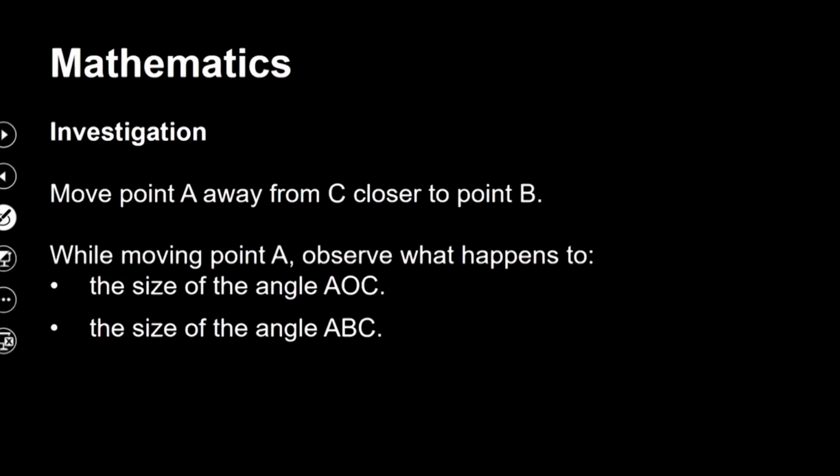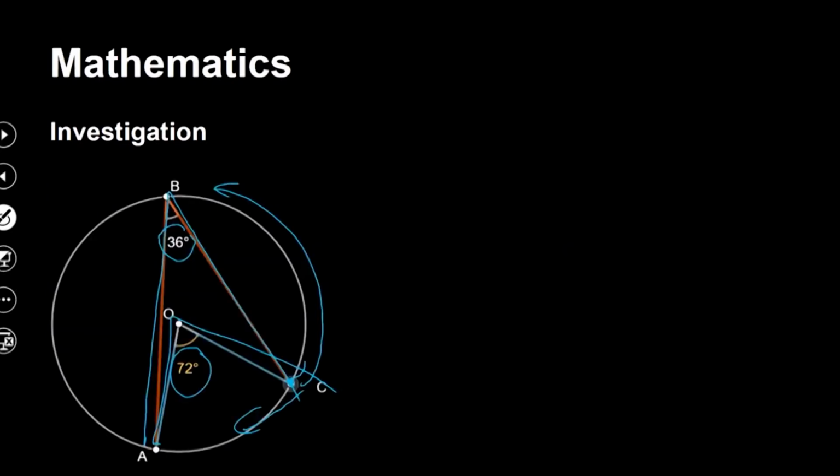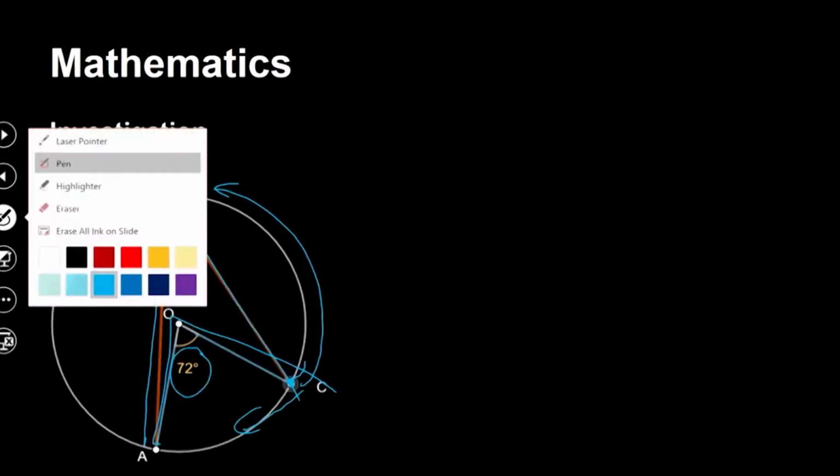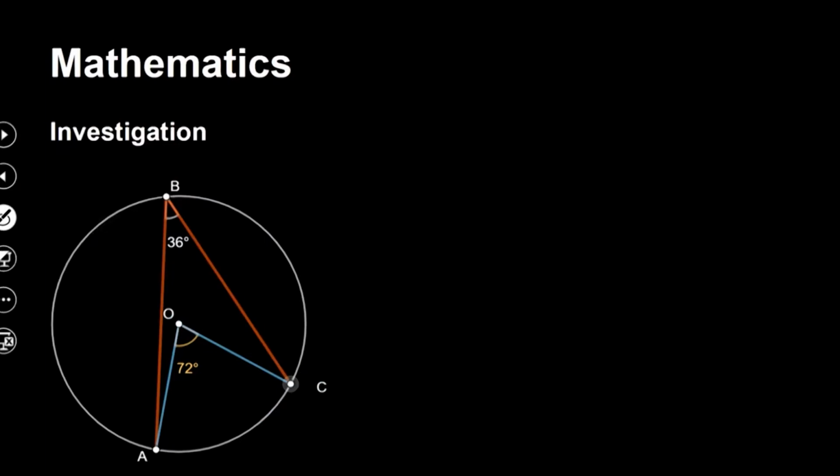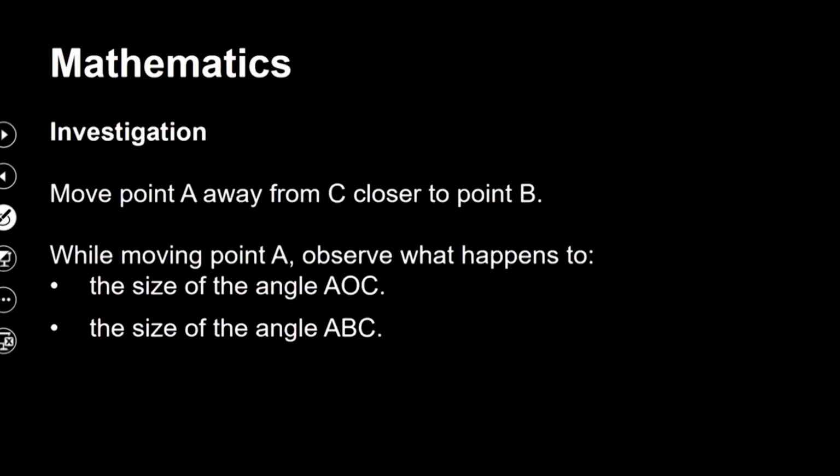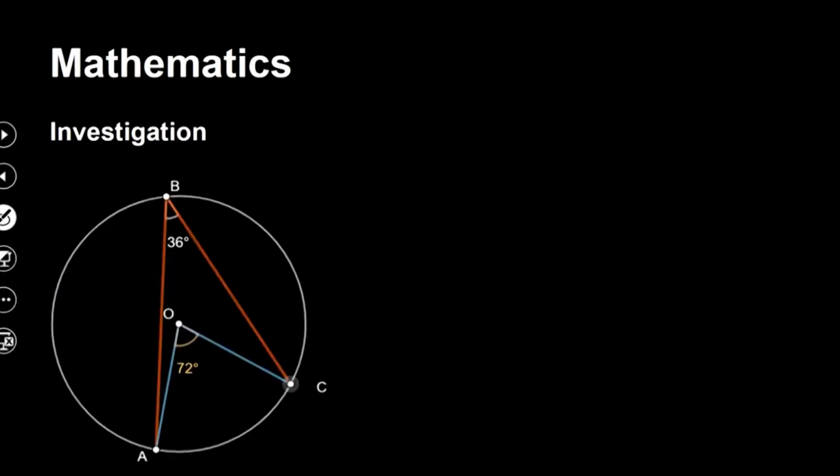Also move point A away from C closer to B. While moving it, observe the very same things that we are talking about. So let me just erase on this thing so I can show you. So here they're saying move A away from C closer to point B, right? You move A away from C but closer to B, that side.